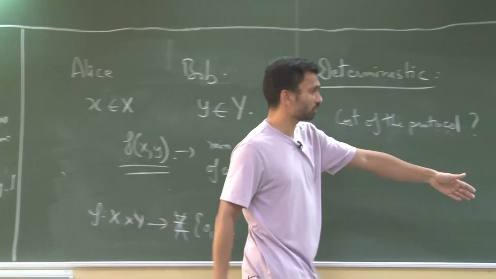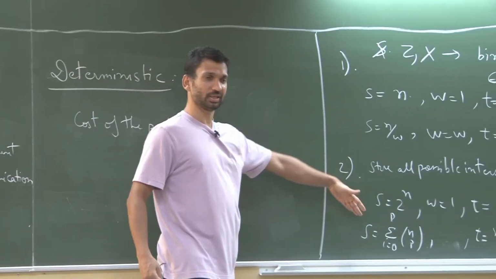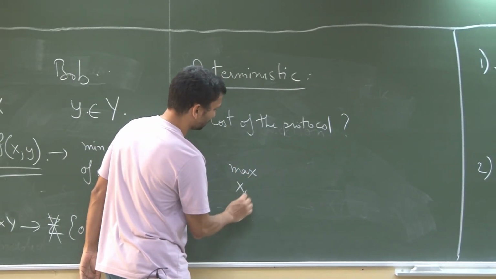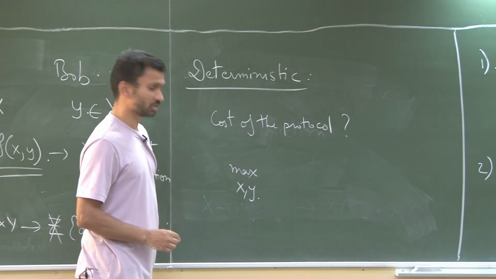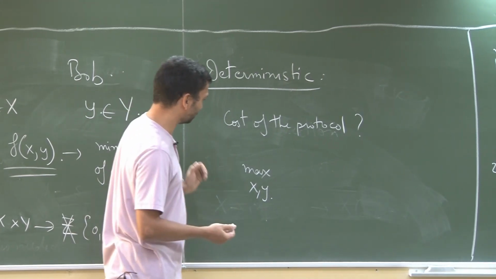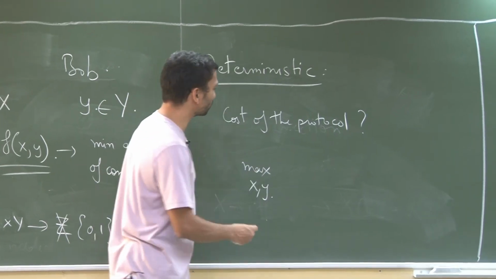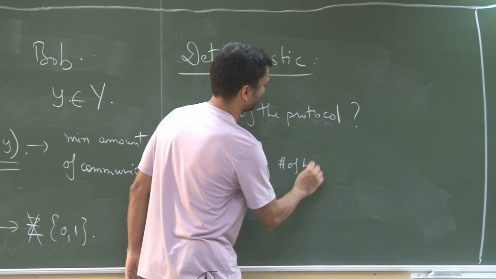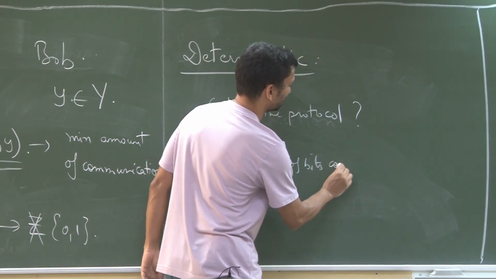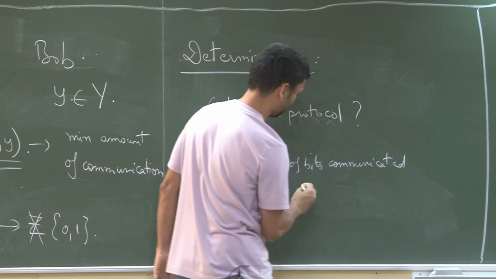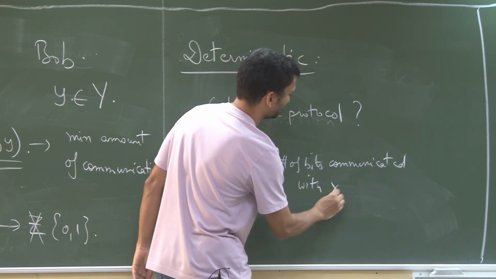Worst case, right? Like we talked about here today, it has to be worst case. So generally for deterministic protocols, I say this worst case is the most important measure which we study: the max over x, y of the bits communicated with x, y.